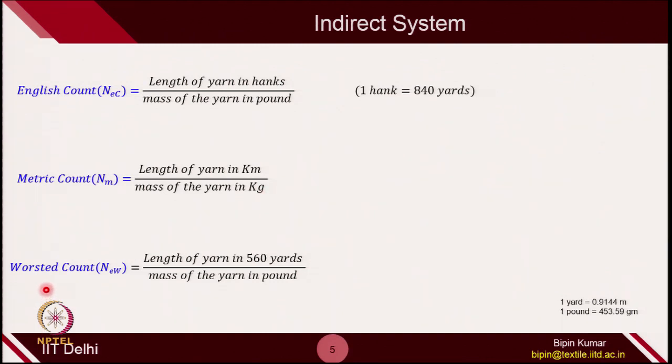In worsted count, you take 1 pound of yarn and measure its length in units of 560 yards. In all of these, the weight is in the denominator and the length is in the numerator. So, it is an indirect system where you measure the length per unit weight, keeping the weight constant.